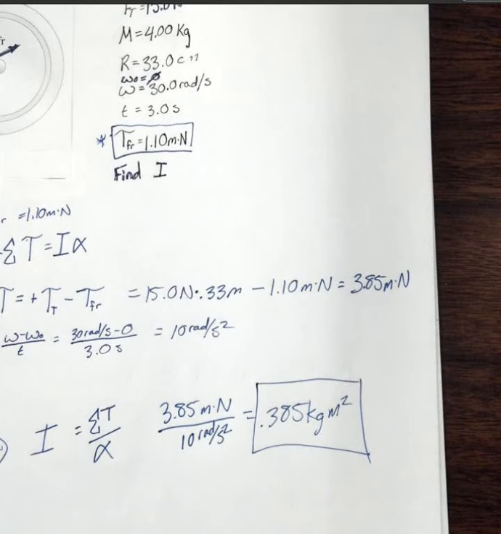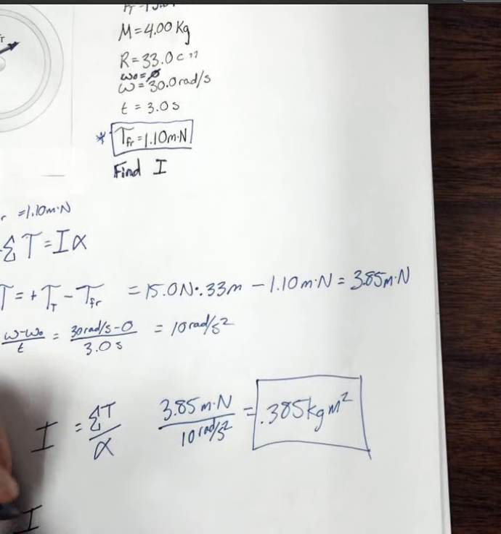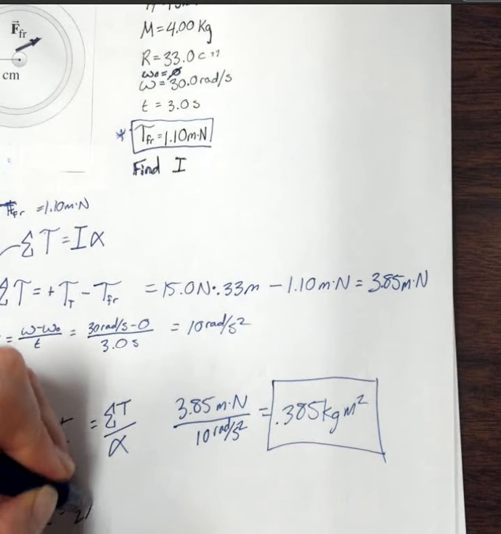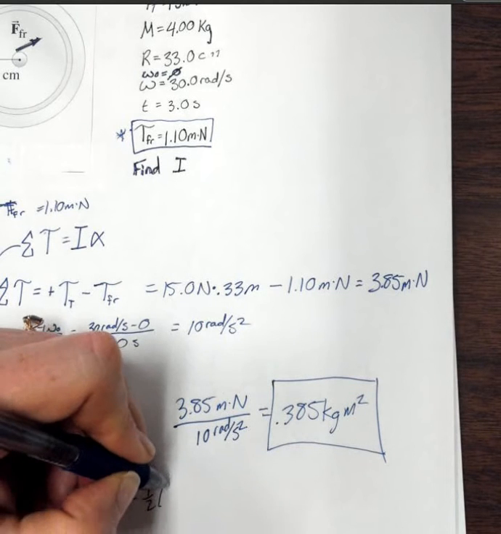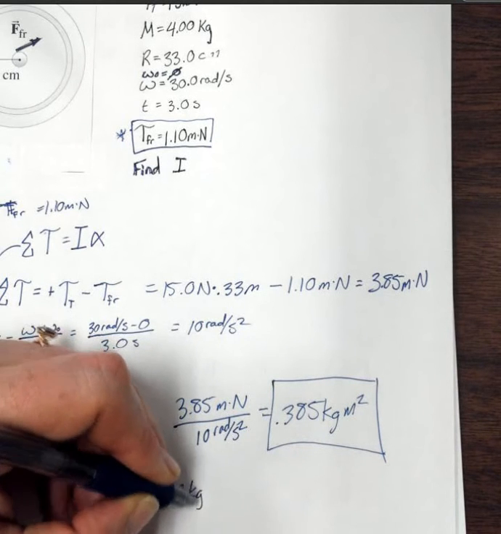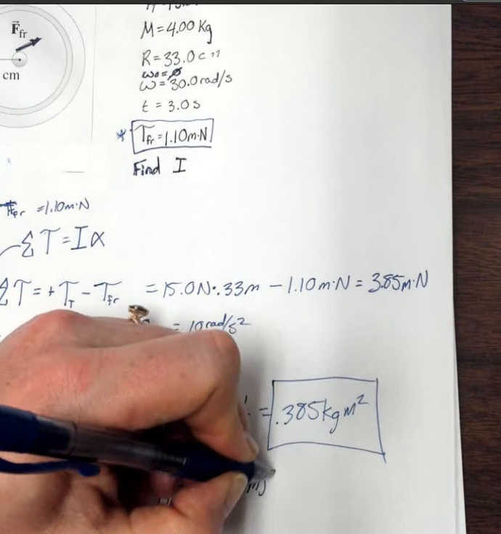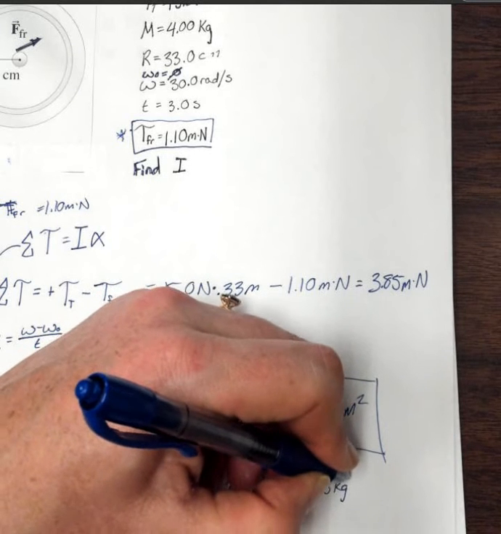That's not too bad. If you did a rough estimate, you'd say that this object is pretty darn close to a uniform cylinder. And from our handy-dandy chart, we know that the moment of inertia for a uniform cylinder would be 1/2 mr squared. So that'd be 1/2 times a mass of 4 kilograms times a radius of 0.33 meters squared, and that would give us 0.218 kilogram meters squared.